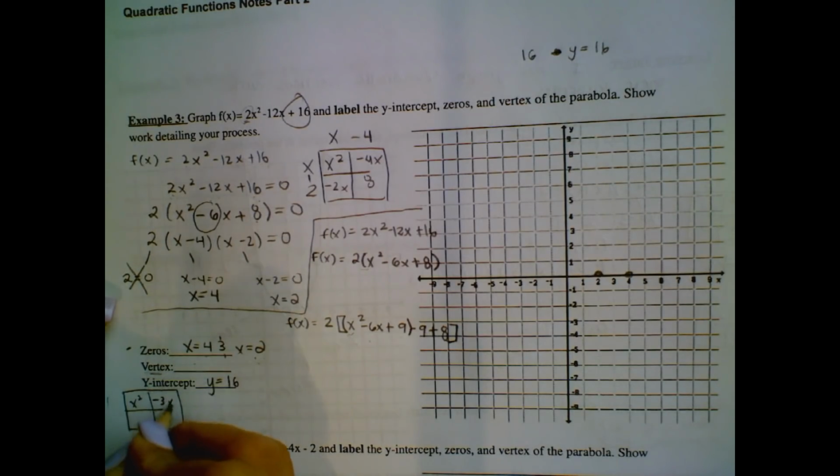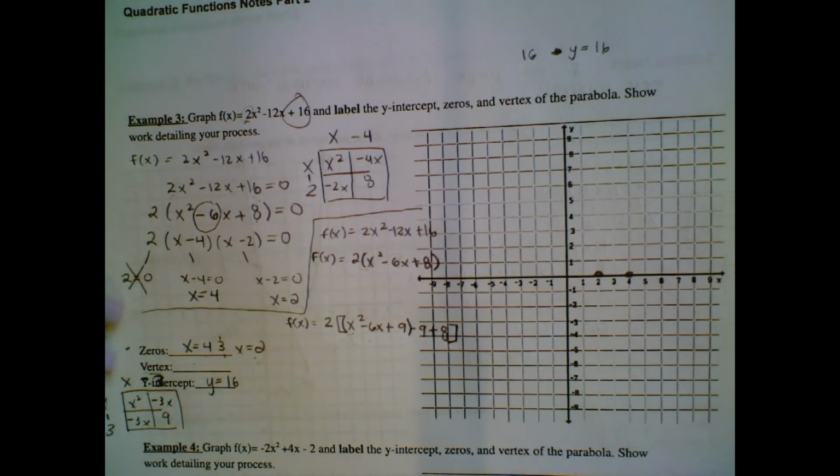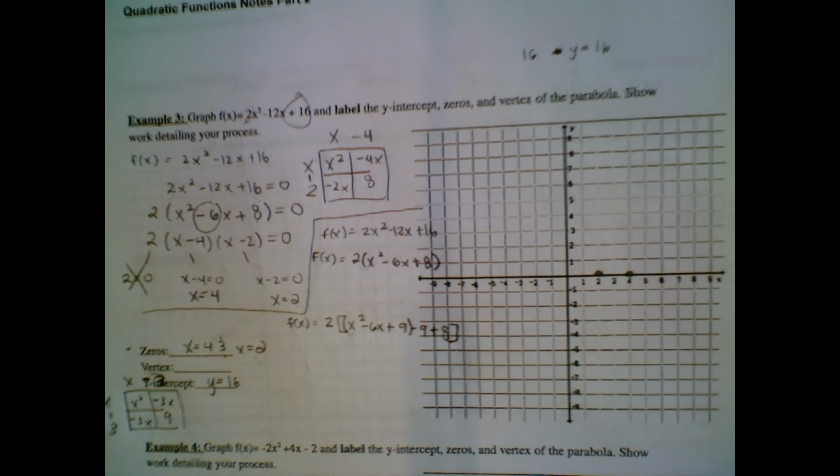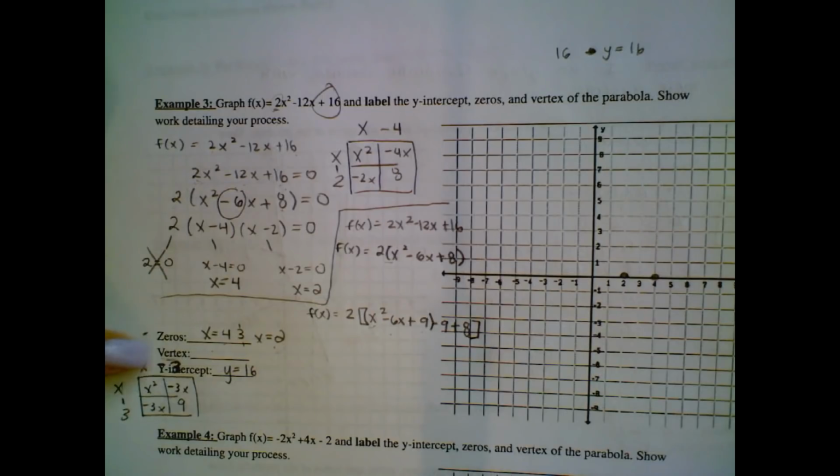So negative 3 ends up working. So let's go ahead and factor. And then this one is x, and then 3 as well. Sorry, that's a 3 right there. That's x minus 3 on top, and then x minus 3 at the bottom.